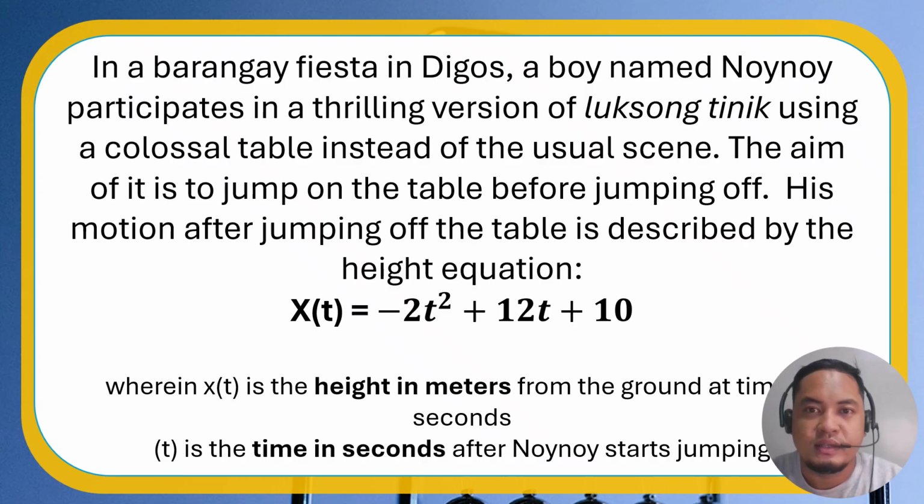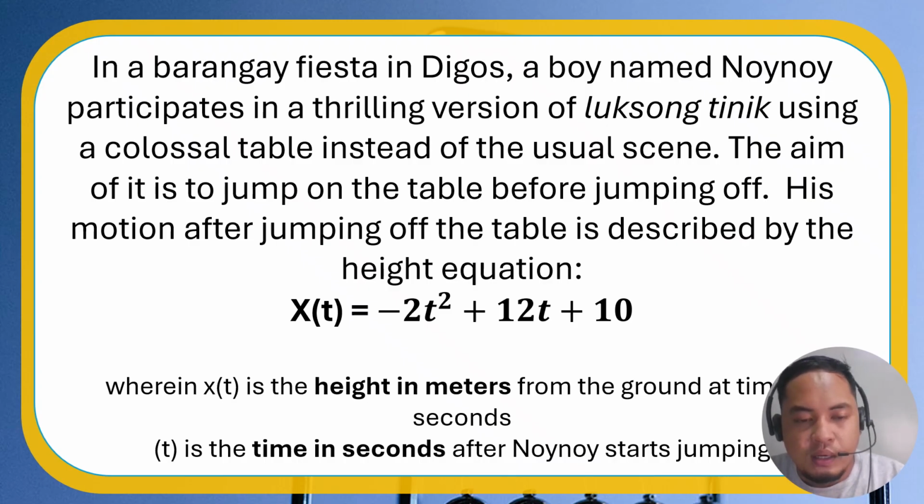I provided the steps there and you can review it in your free time later on. So x of t is the height in meters from the ground while Noy Noy is jumping toward the top of the colossal table.